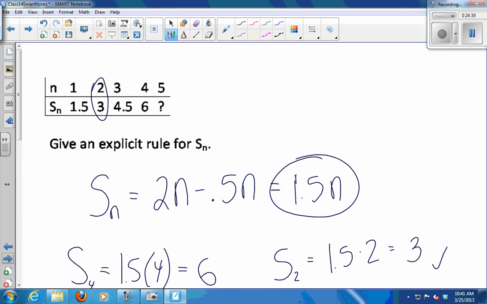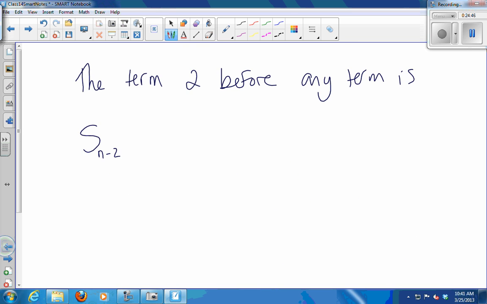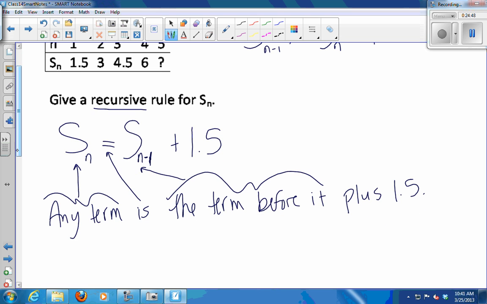And that looks like this, right? So this is the kind of formula you're used to seeing. This, my recursive formula, is also a formula. It's just a different format than you've seen before. And it's just called a recursive formula. So it's just looking at patterns in two different ways.